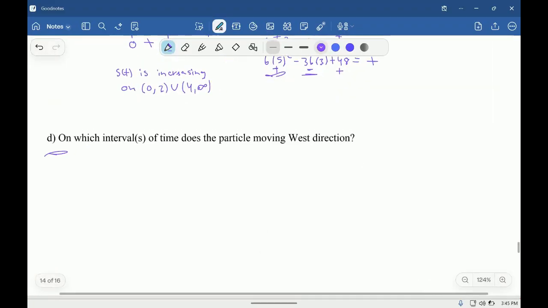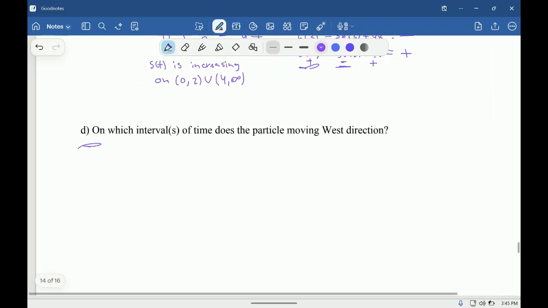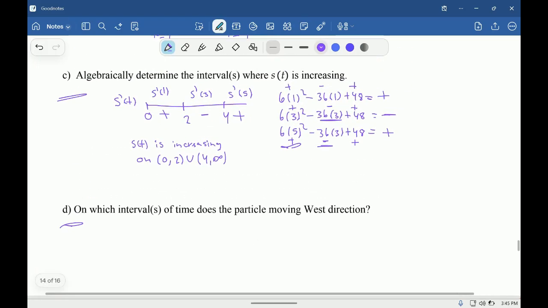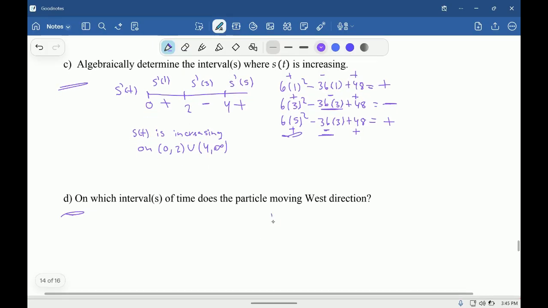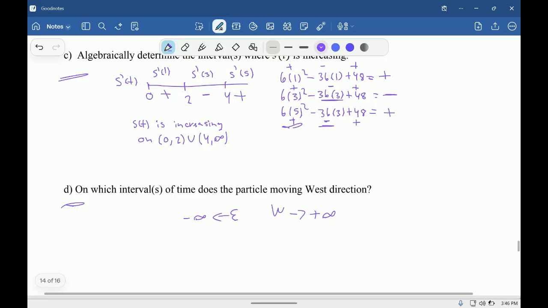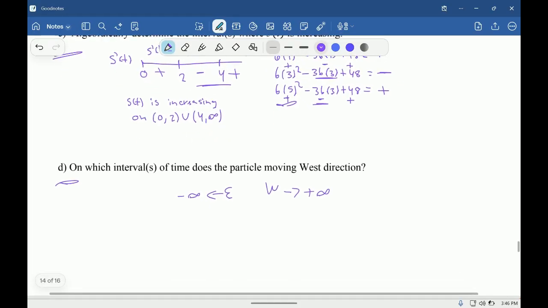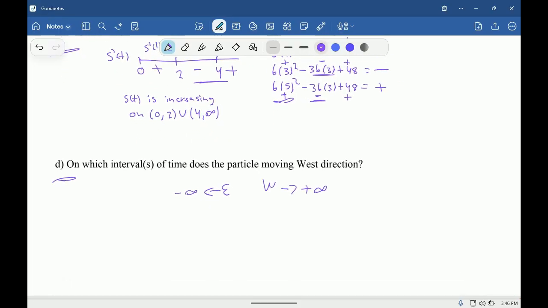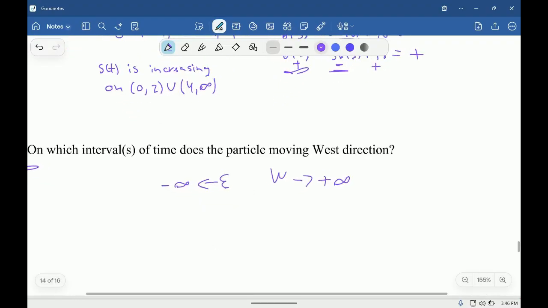Okay. And then for our last question, we determine when the particle is moving west. Now, west is moving towards positive infinity, and east would be moving towards negative infinity. So we know that it's going in the west direction from 2 to 4 because it goes from decreasing to increasing.